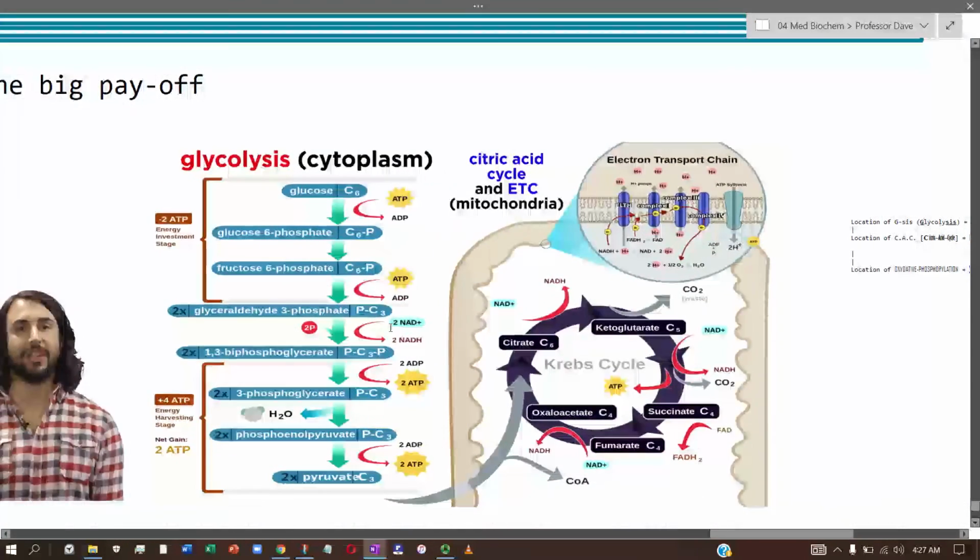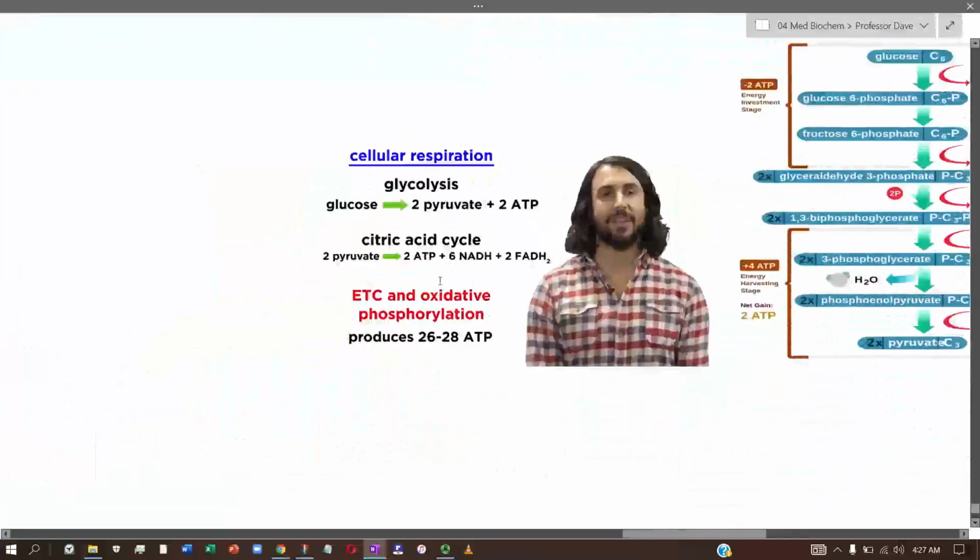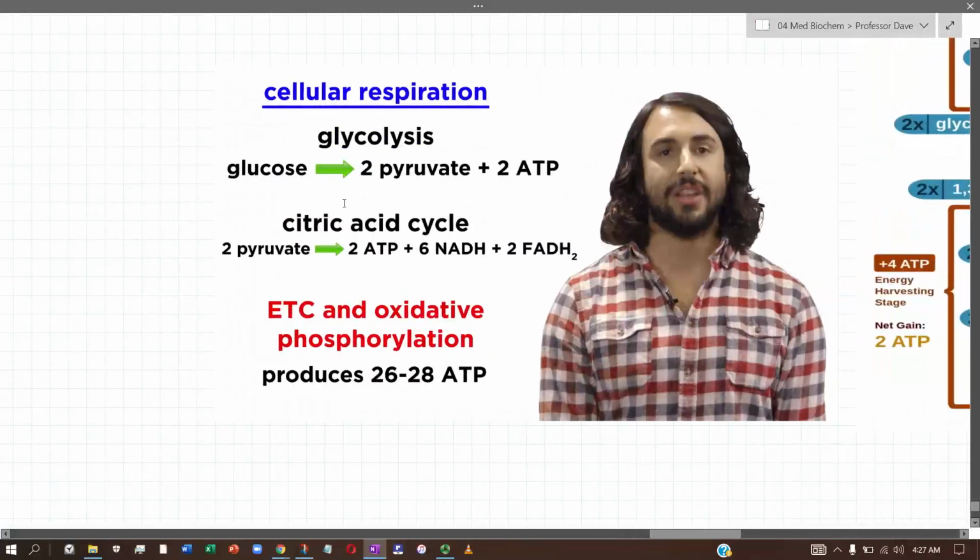Here is that summary. And here's this other summary: with glycolysis, a glucose will yield 2 pyruvate molecules and 2 ATPs. And the citric acid cycle will take the 2 pyruvate molecules and yield 2 ATP molecules, 6 NADH molecules, and 2 FADH2 molecules.